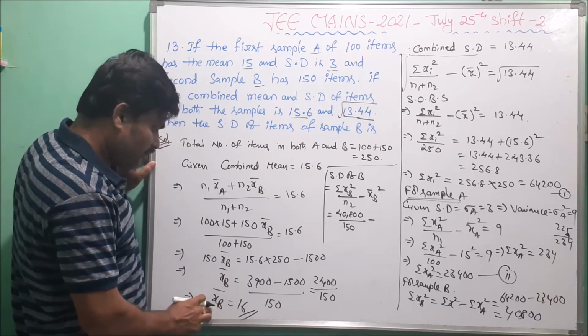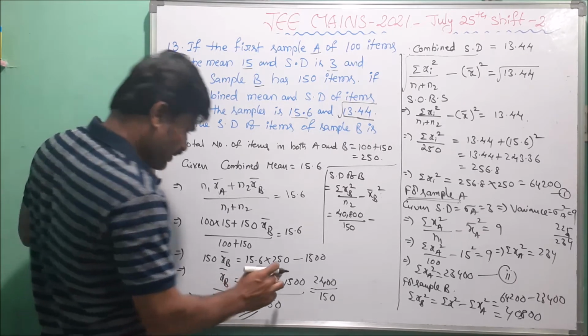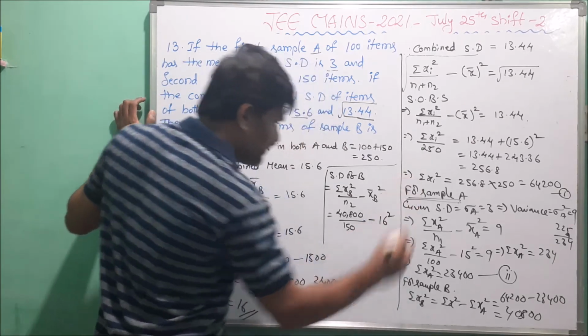Already we found the mean of sample B is 16, so here 16 square.